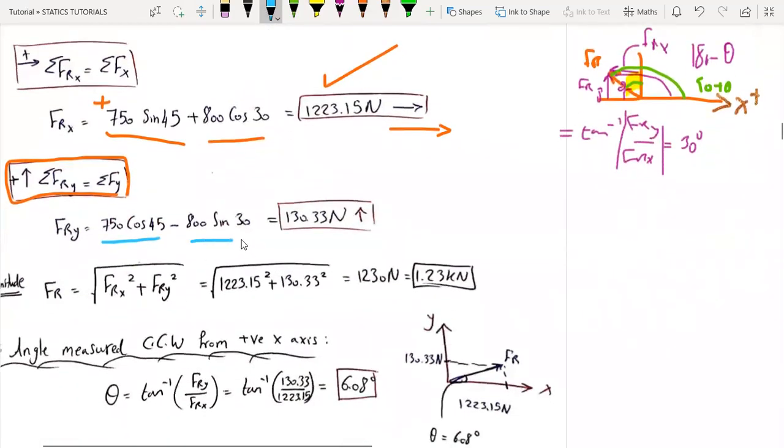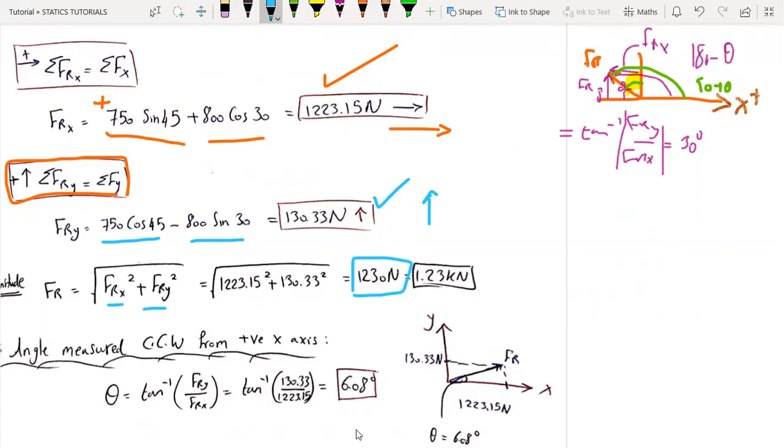So minus 800 sine 30, and you will get the result. It is a positive result, so it is acting upwards. So the magnitude of the resultant force will be the square root of FRX squared plus FRY squared, and we will get about 1230 newtons, which is 1.23 kilonewtons.